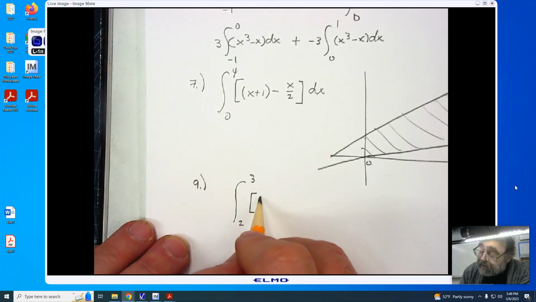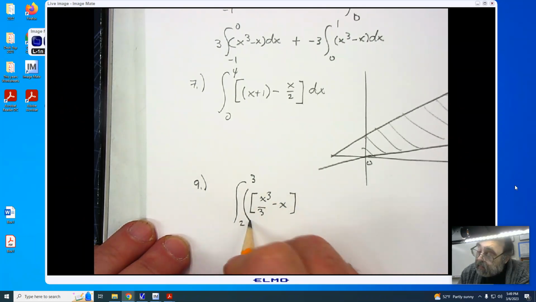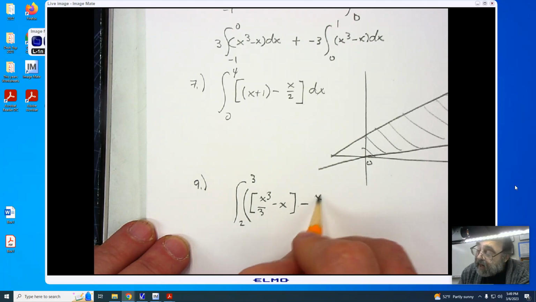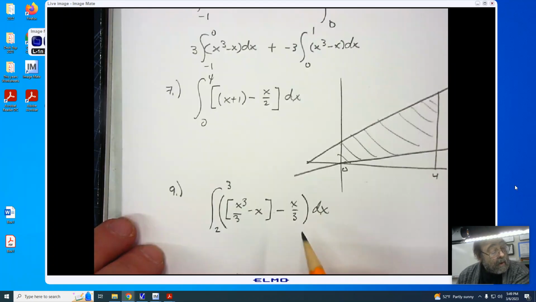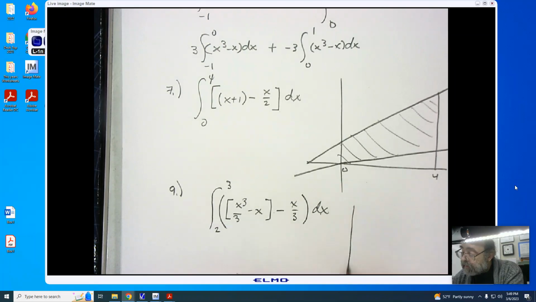And we have x cubed over 3 minus x, and I have minus the x over 3 dx. I'm going to draw the entire thing. Again, I'm only looking at a part of it though.